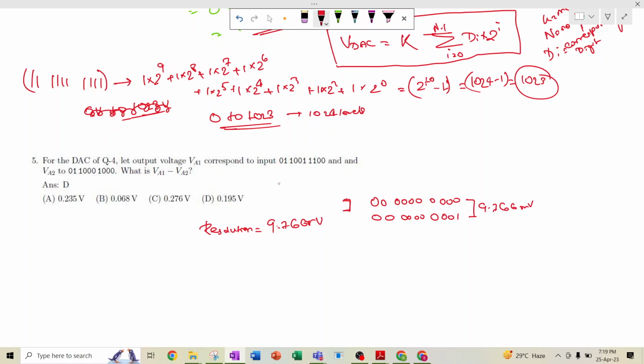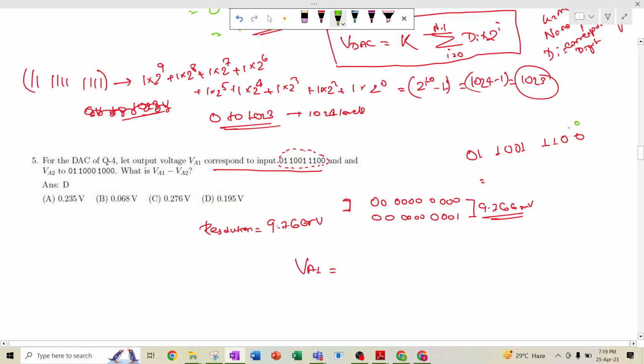Now VA1 corresponds to this input. We have to calculate it in decimal value and then multiply with the resolution to get the corresponding analog voltage. The input is 0 1 1 0 0 1 1 1 0 0, with bit positions 0 to 9.